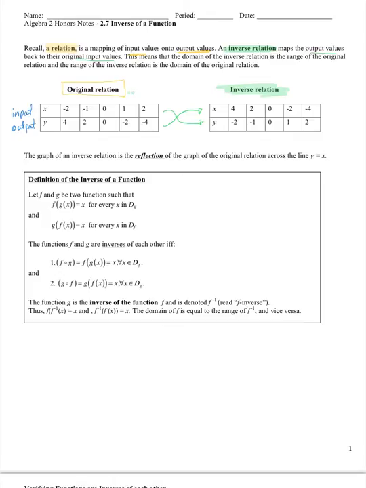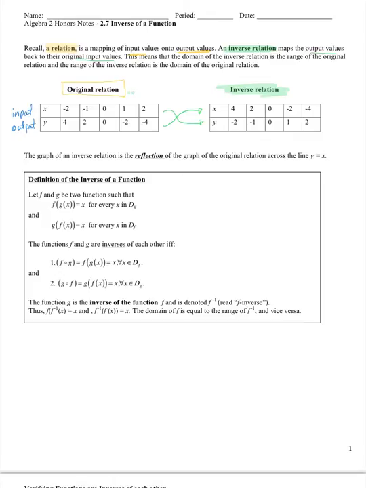So that means the domain of the inverse relation is the range of the original relation, and the range of your inverse relation is the domain of the original relation. So we've just kind of interchanged the x and the y values.